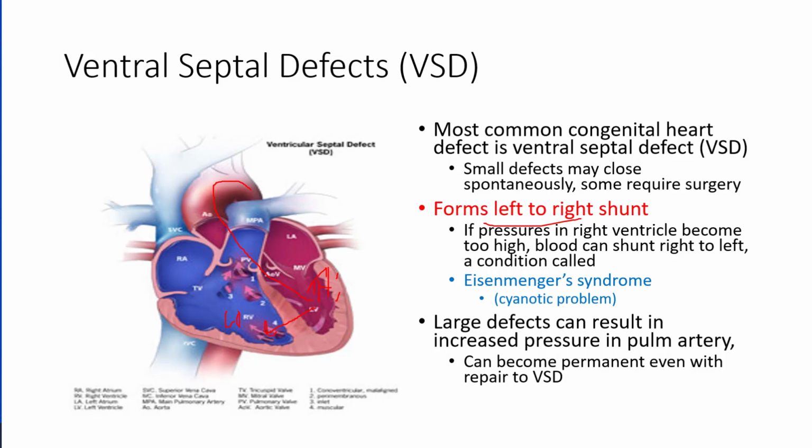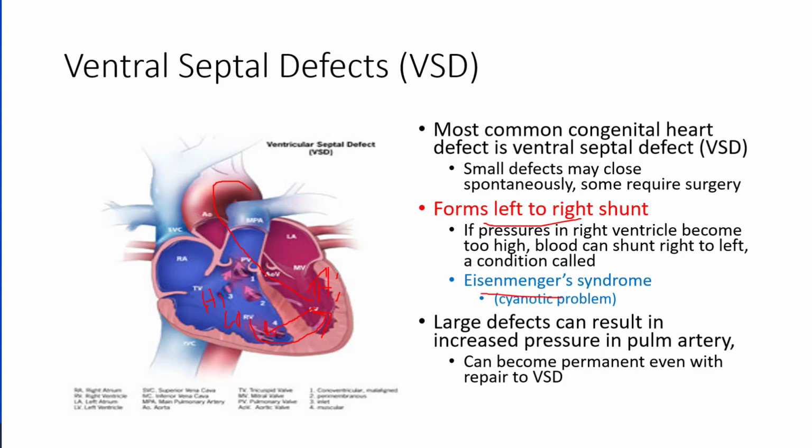There is also potentially, if this is severe enough or prolonged enough, that the pressure on the right side, because of this defect and this overload, eventually becomes even higher, and then starts shunting blood this way. It's forming a right to left shunt.